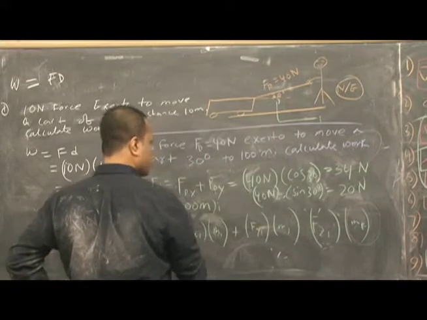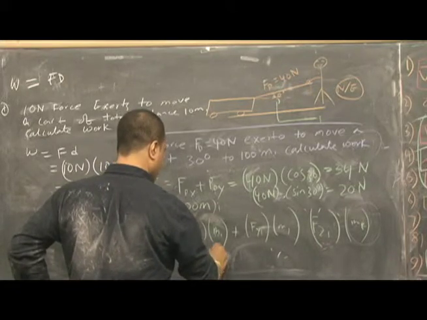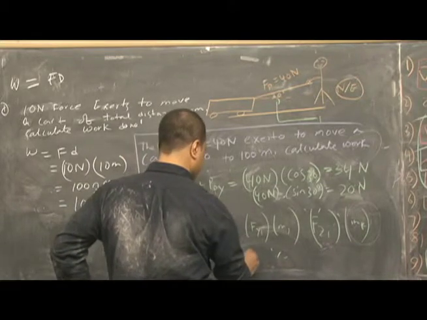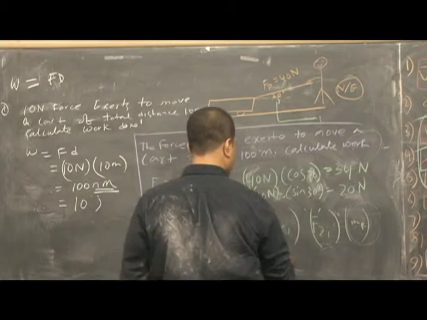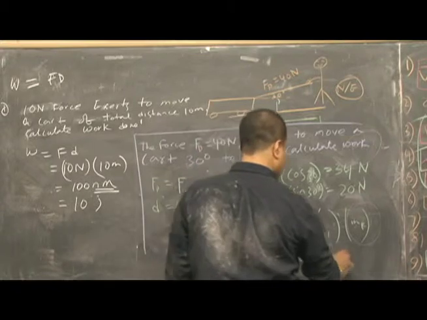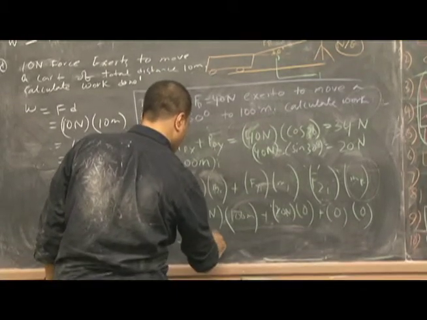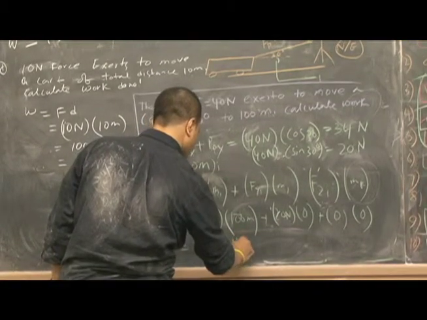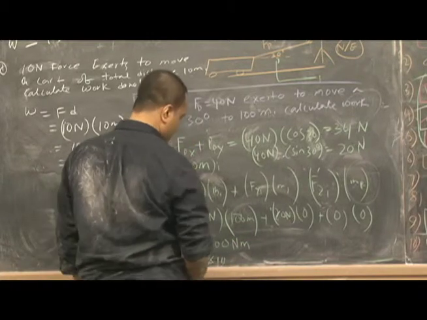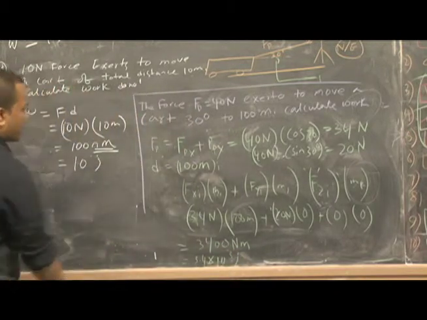Let's say this one is 34 Newton times 100 meters, and this one is 20 Newton times 0. So 3400 Newton meter, which is 3.4 times 10 to the power 3 joule. Alright, so I hope we understand that.